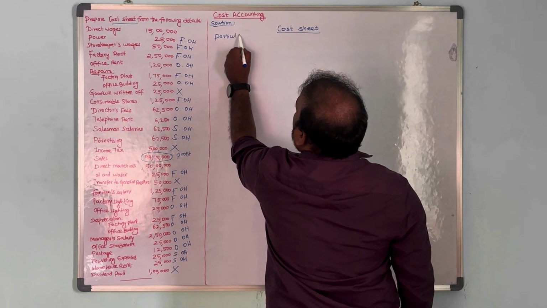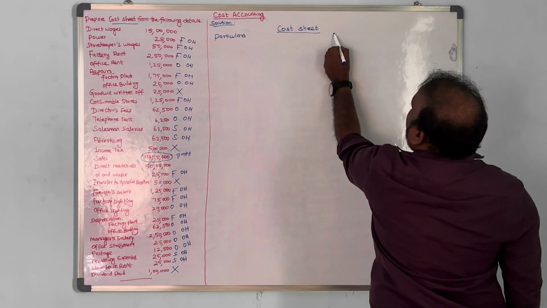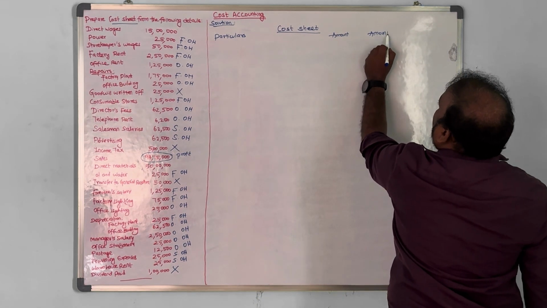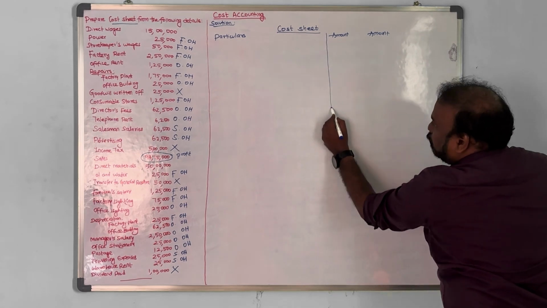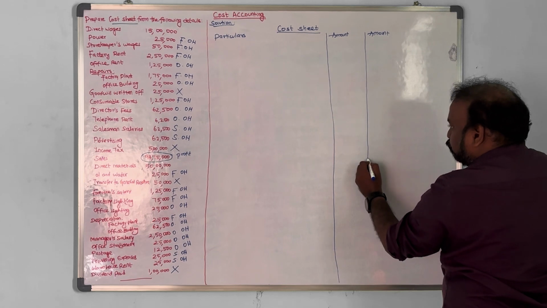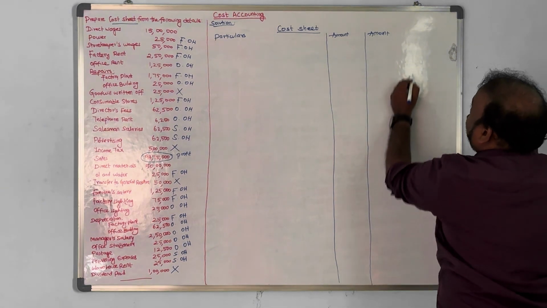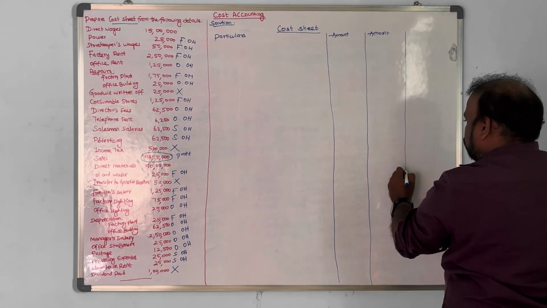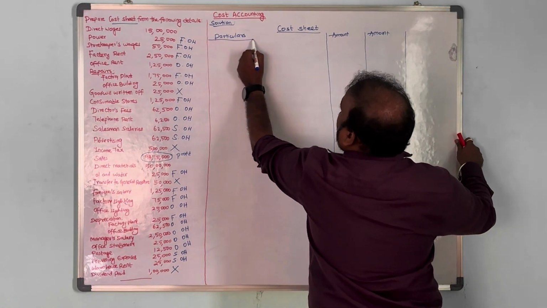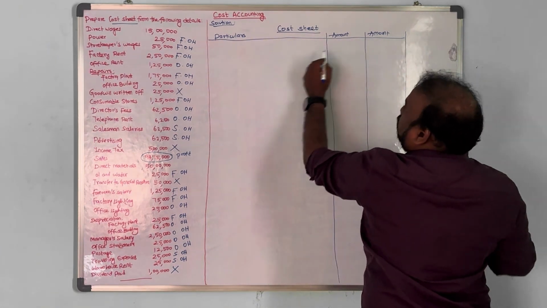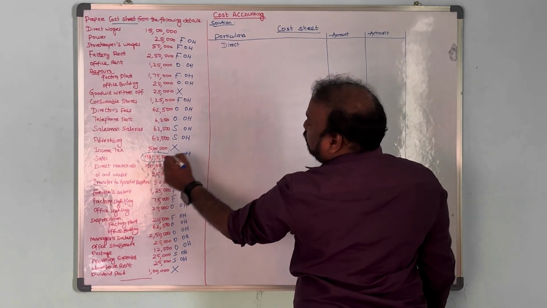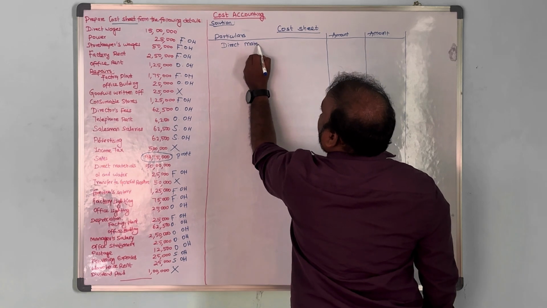Particulars, draw 3 columns. The first column is particulars, the second column is amount, the third column is also amount. One is the inner column, the other one is the outer column. First we need to calculate prime cost, that is, direct material, which is given as 50 lakhs.